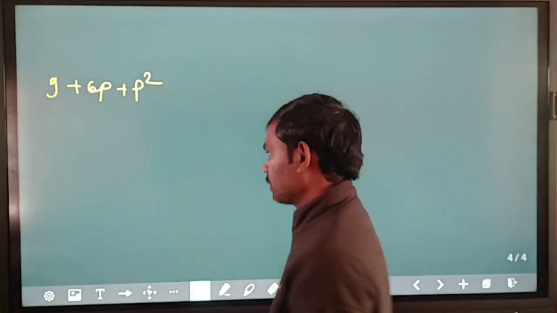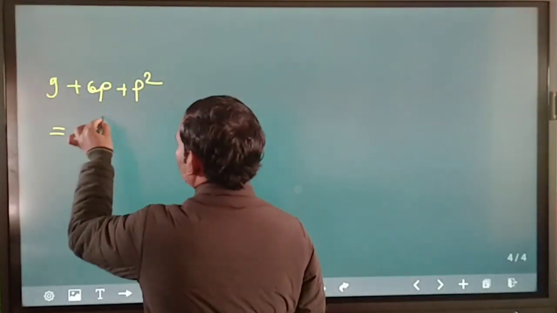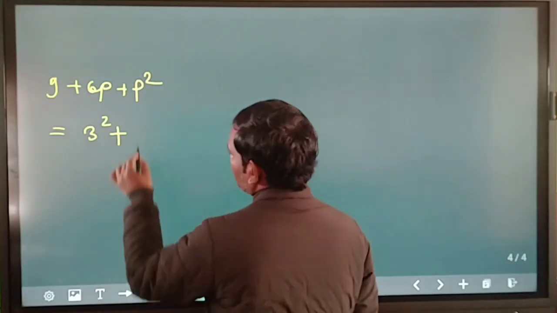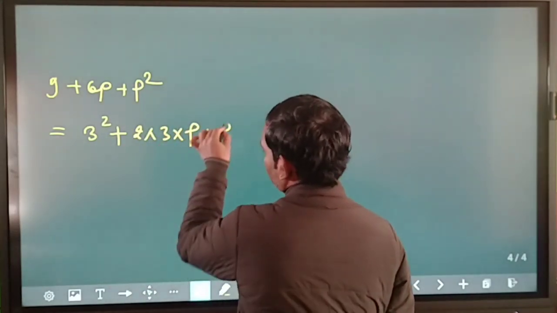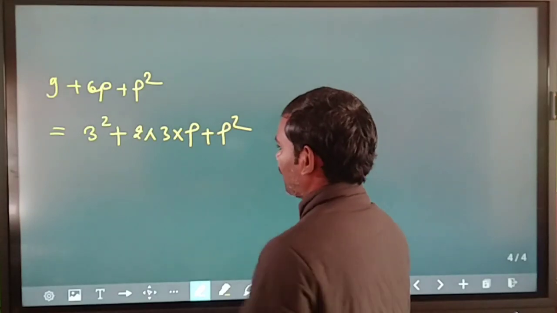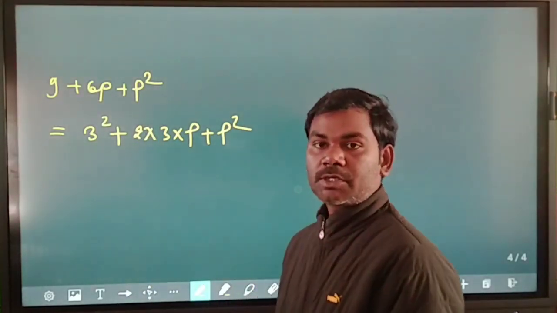We have to solve it. So it can be written as 3 square plus 2 into 3 into p plus p square, and this looks like a square plus b square plus 2ab.